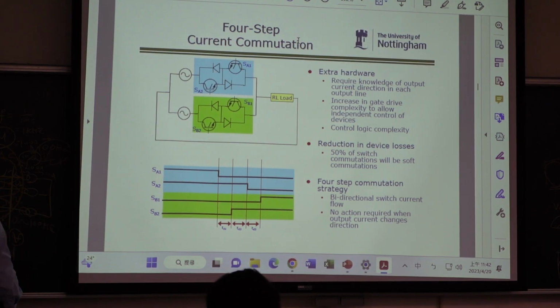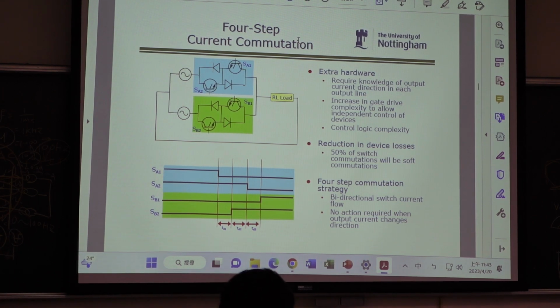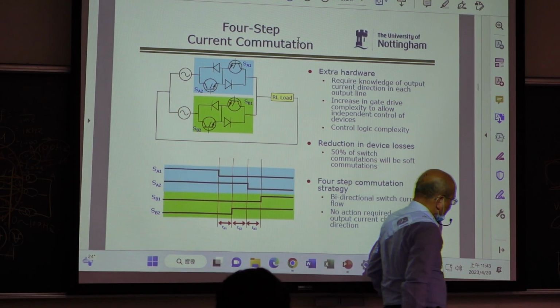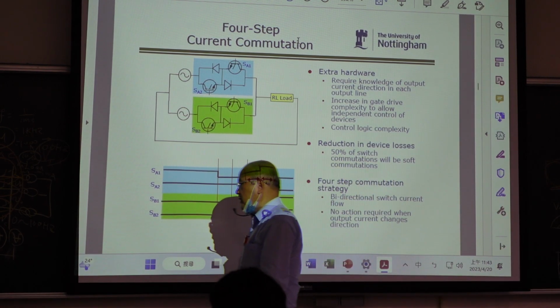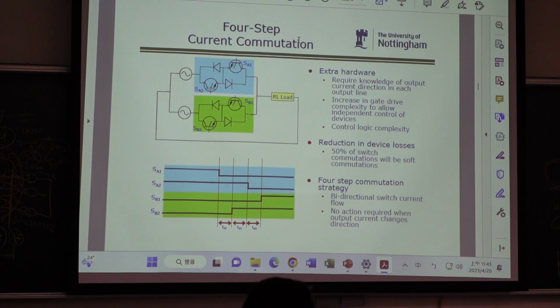So you can see this one. If SP2 is turned on, then we have a current path. SP2 is turned on, then we have a current path this way.